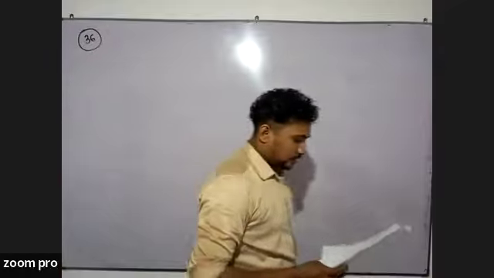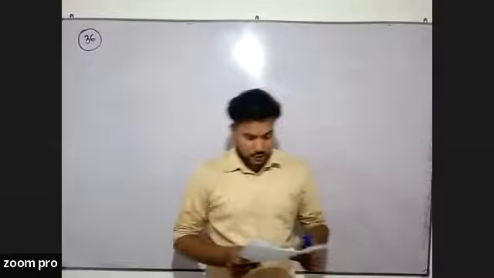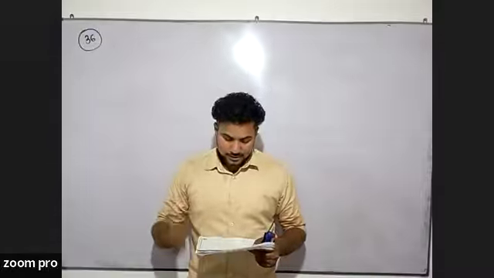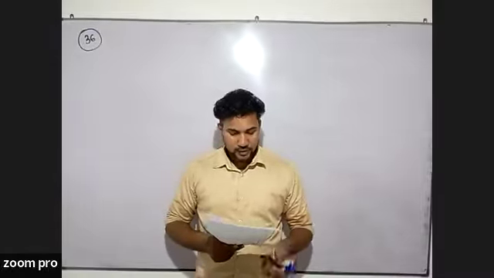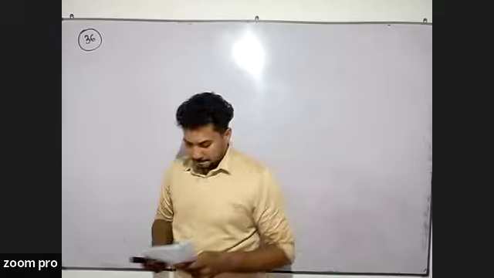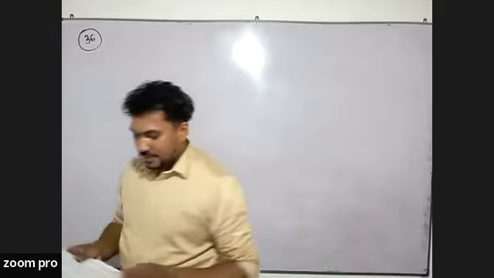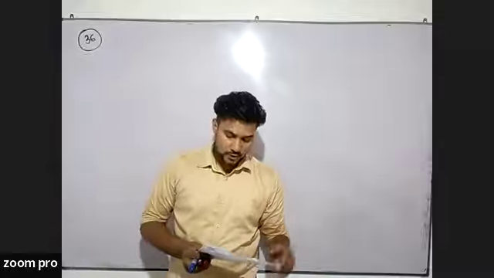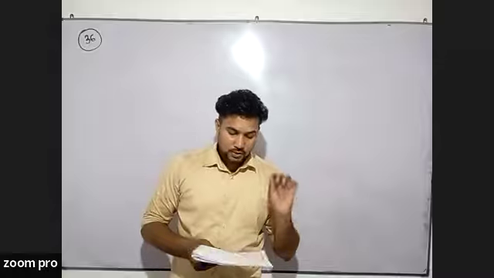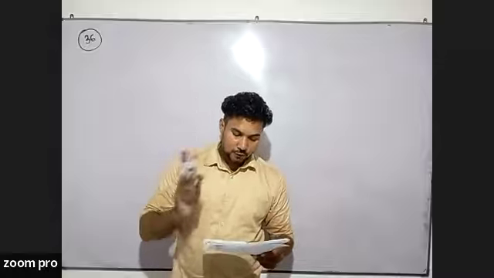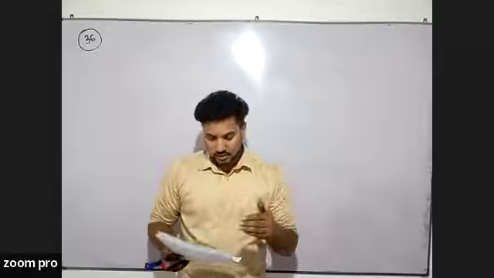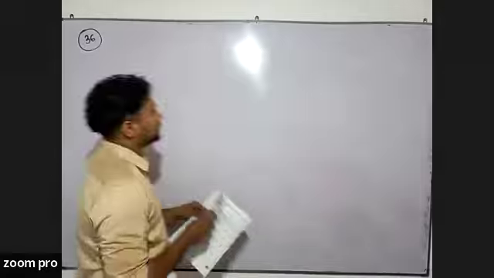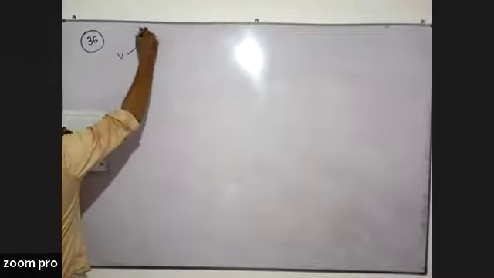Now in the 36th question, it has been found that the velocity of transverse waves along a stretched string depends on the following quantities, right? So that means you don't have to understand every single word of these questions, but you have to grab this: the velocity depends on the following physical quantities.